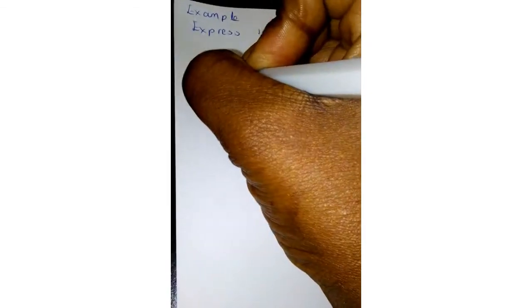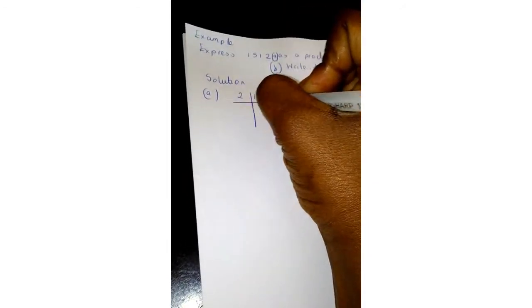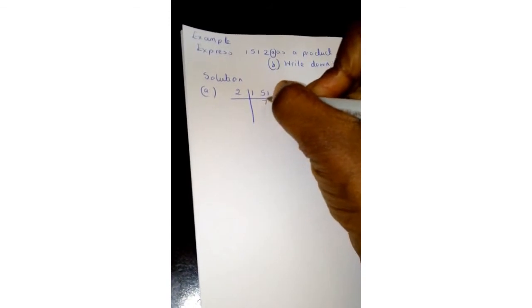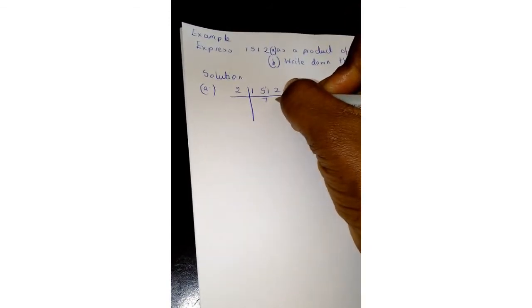Now I'll provide you with the solution. The solution for part A. What was the question? Express 1512 as a product of its prime factors. What do we do? We divide 1512. 2 into 15 is 7, remainder 1. 2 into 11 is 5, remainder 1.